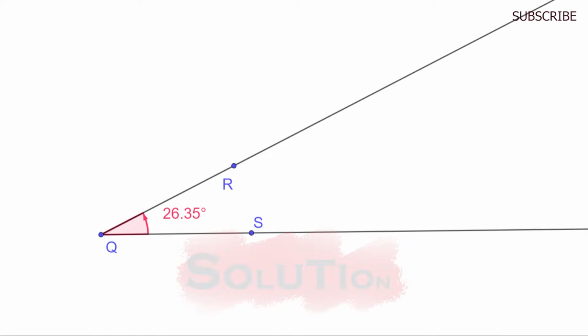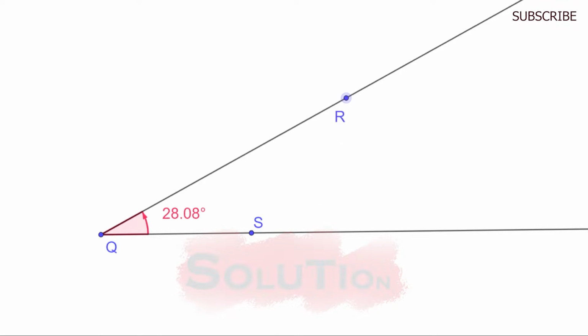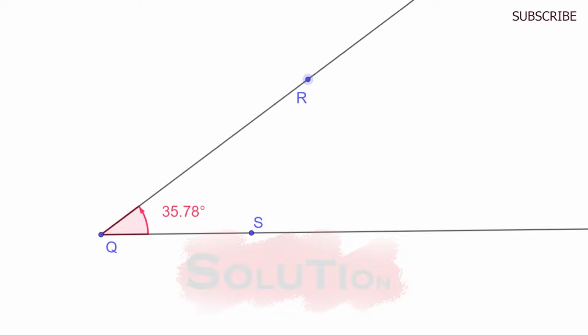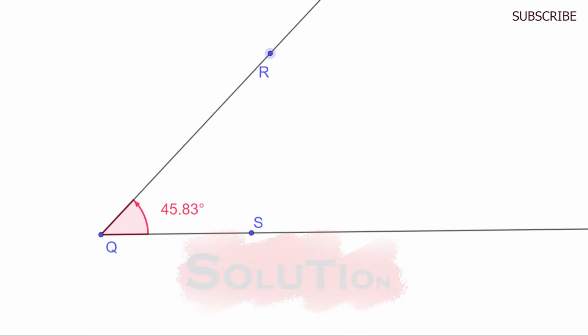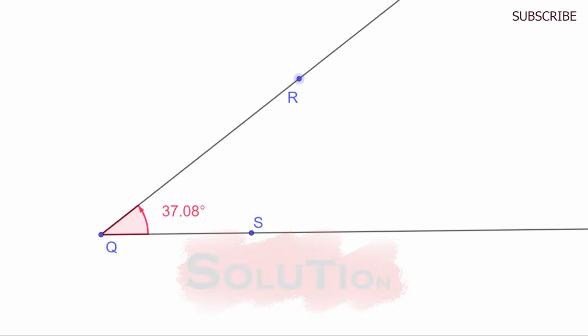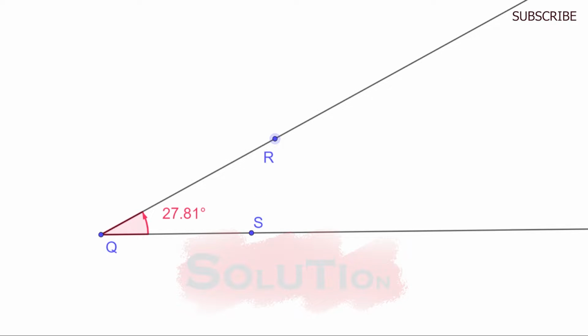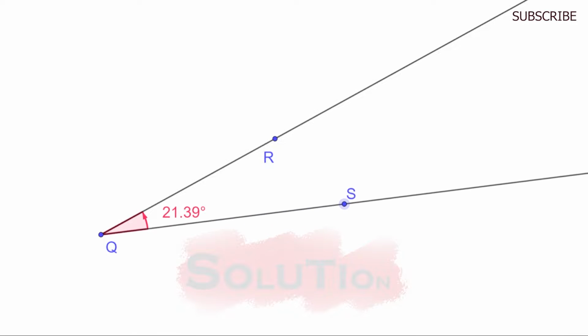Now you see these are two rays. Two rays are coming out from the same point, that is Q, right? From Q, the QR ray is going, so the name will be QR ray, and the other is known as the QS ray.